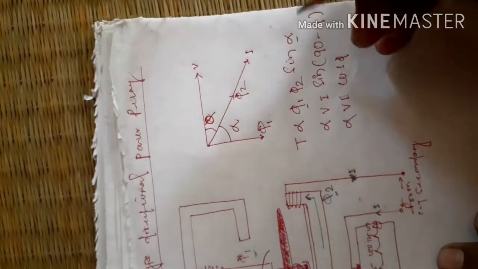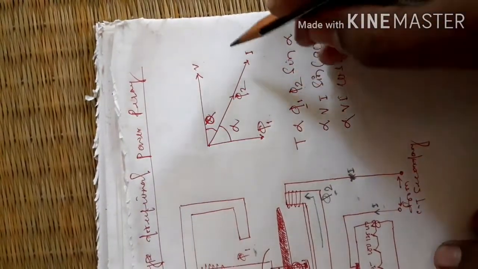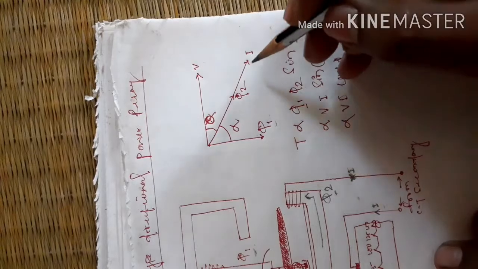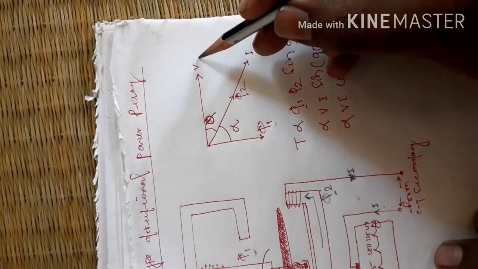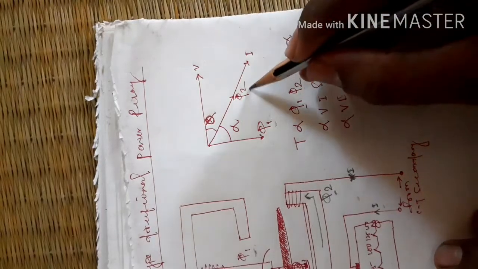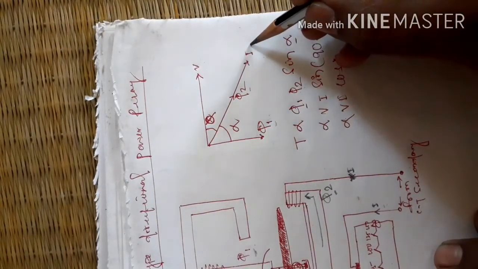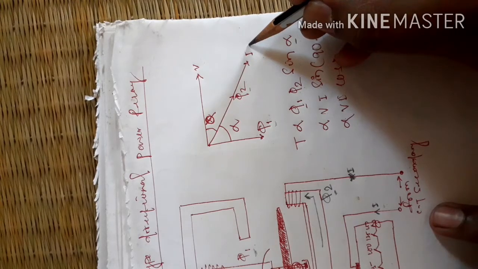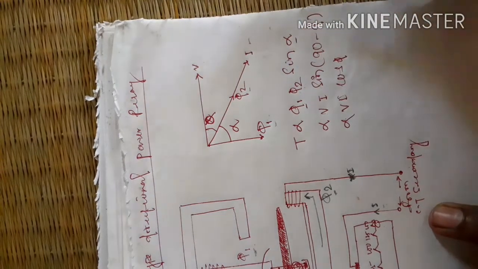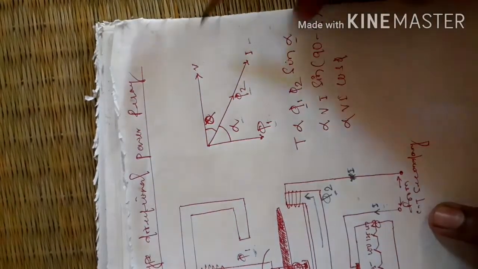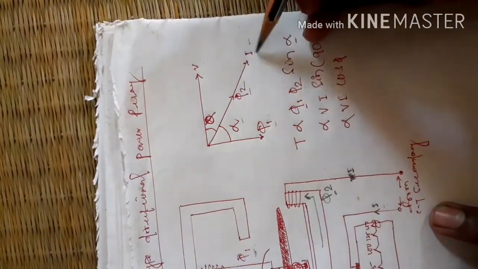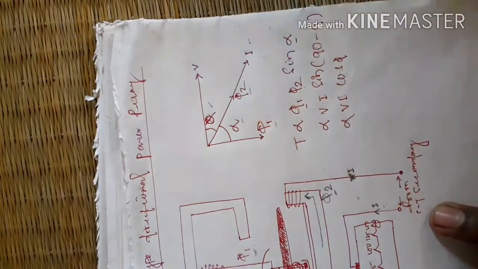This can be represented by this phasor diagram, where flux phi 1 lags behind the supply voltage by an angle of 90 degrees, whereas flux phi 2 is in phase with the current which is coming from the CT secondary winding. The angle between flux phi 1 and phi 2 is alpha, and the angle between voltage and current is angle phi.